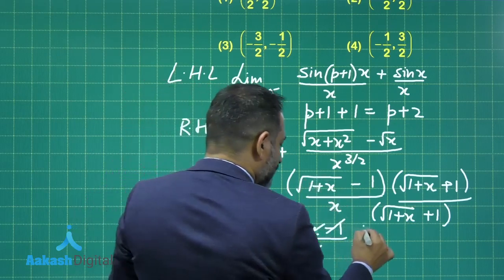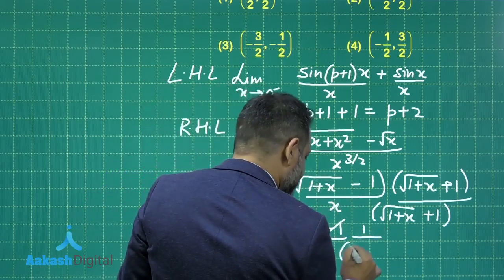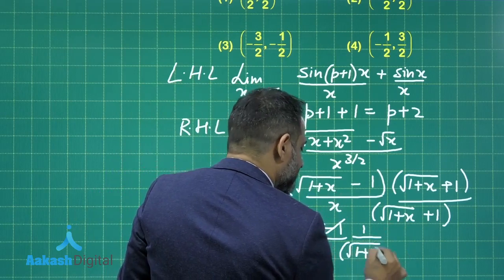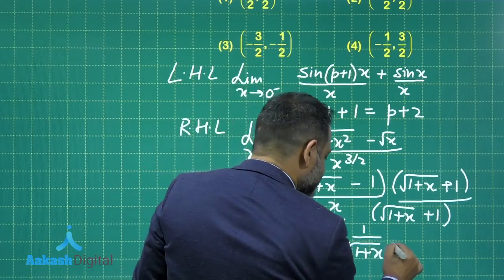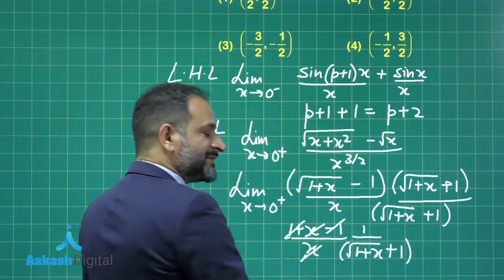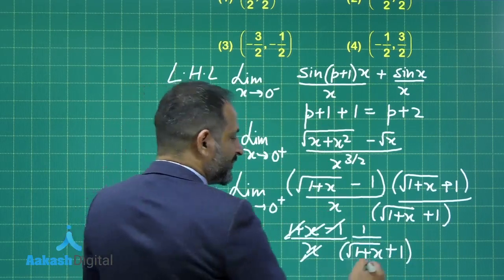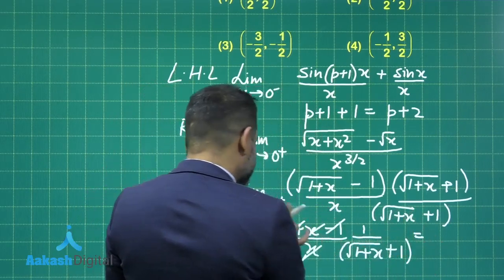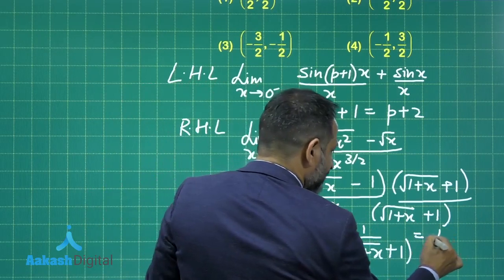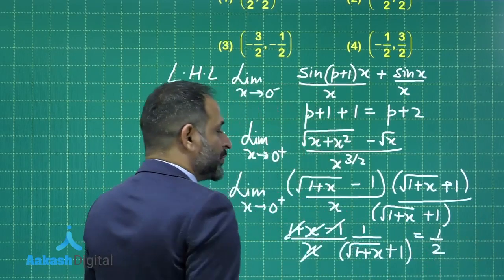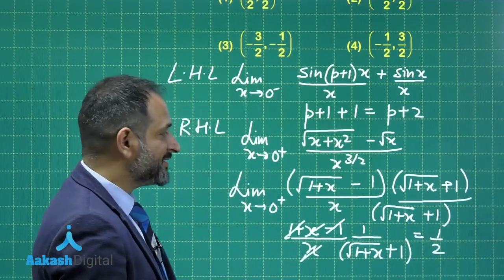Now, we are left only with this term, that is 1 upon under root of 1 plus x plus 1. Now, putting x equal to 0 here, this will give you value 1 upon 2. So, this is the right hand limit.